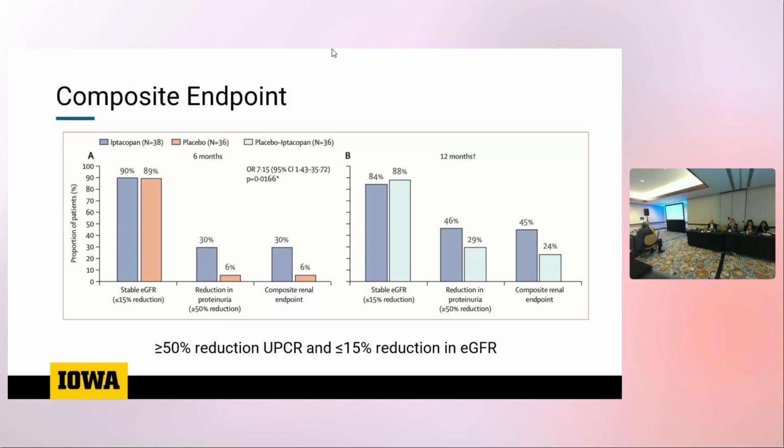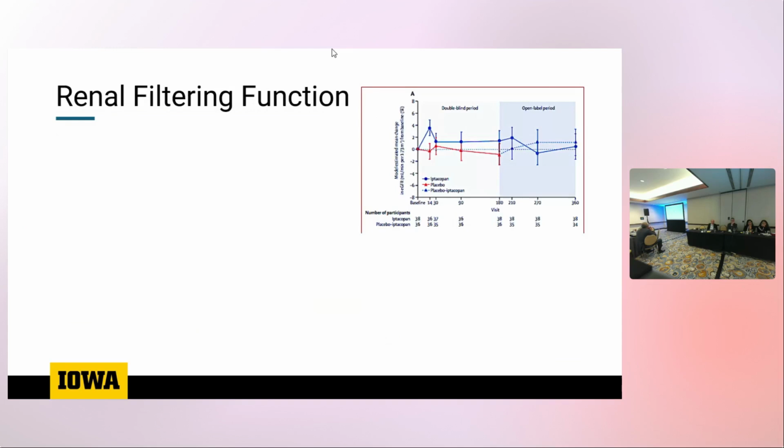But you can see for the composite renal endpoint that 30% of the iptacopan treated patients actually achieved the composite renal endpoint as opposed to 6% of the placebo. Then if you skip over to, I think, your far right, 45% at 1 year of the iptacopan treated patients now have their composite renal endpoint, and 24% of the placebo group do. So that 6% was actually able to gain some ground at the 12-month mark.